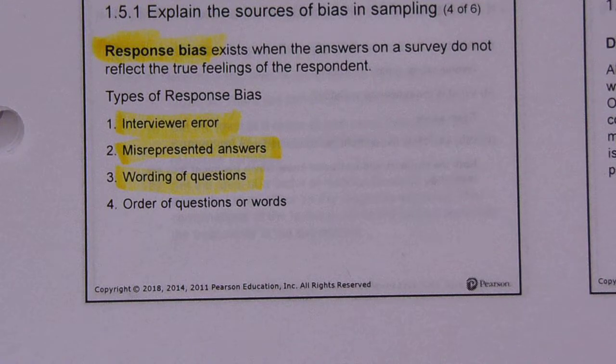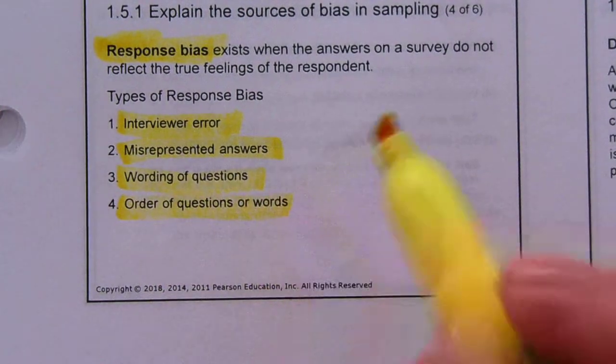Sometimes you'll have a survey where it'll say, do you think we should raise taxes to better the education for the children of our community? I mean, the wording makes it to where if you say no, then you're saying the children of our community shouldn't have a better education, right? So the wording can be leading, or sometimes the order of the questions.